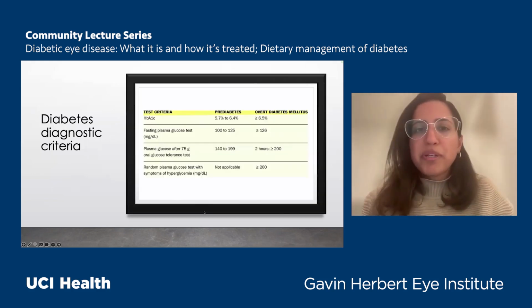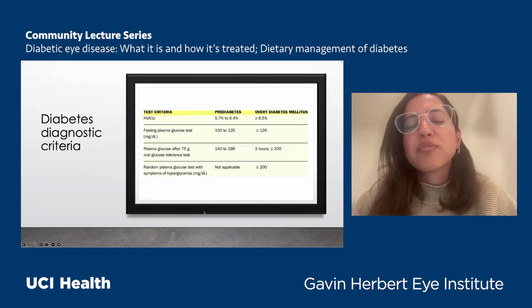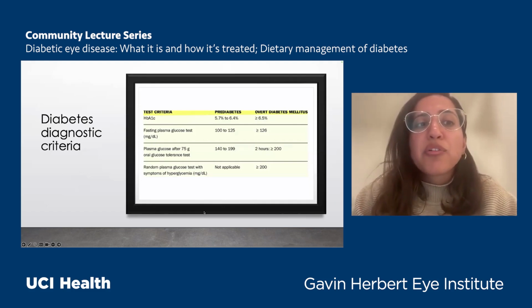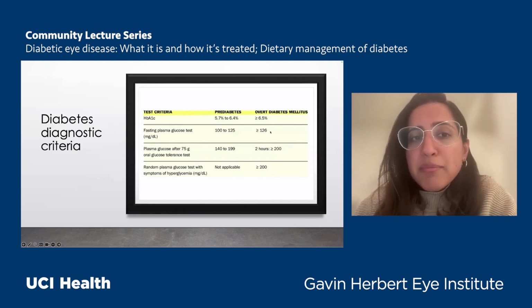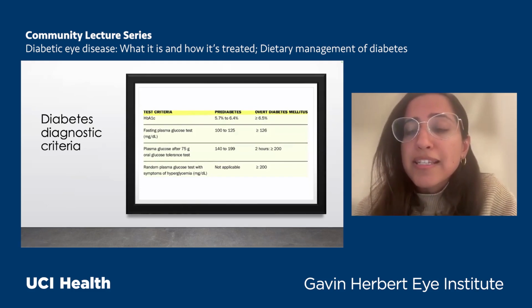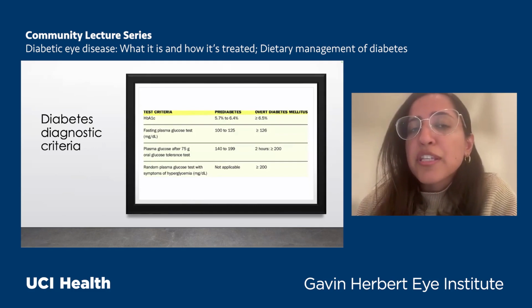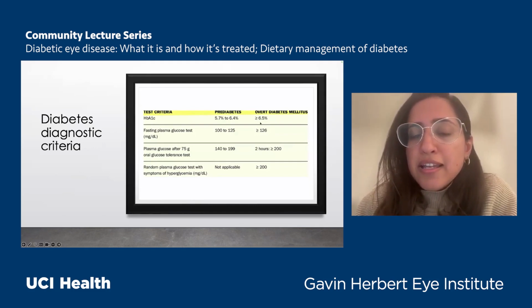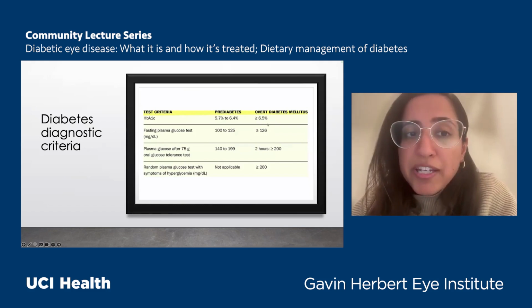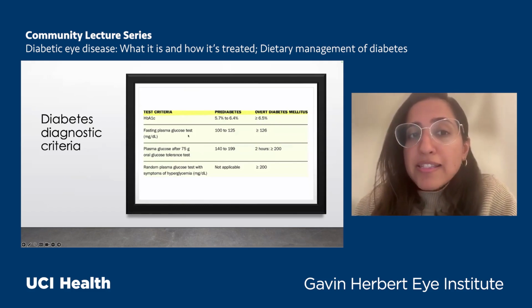All right. So before we talk about lifestyle changes, I want to go over the diagnostic criteria for diabetes. To diagnose diabetes, you need 2 out of these 4 criteria. So the A1C, which is a blood test that gives you a 3-month average of your blood sugars, an A1C greater than 6.5%, a fasting blood glucose greater than 126 milligrams per deciliter.